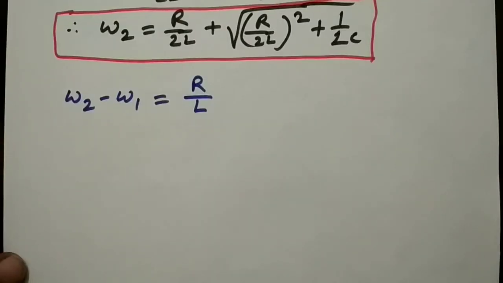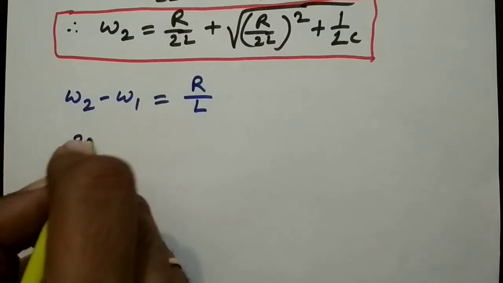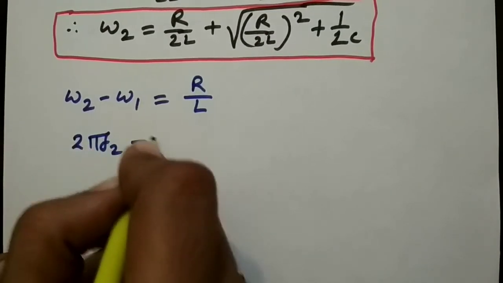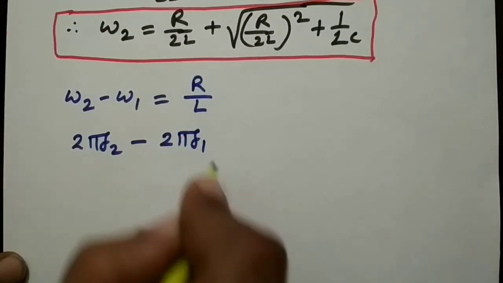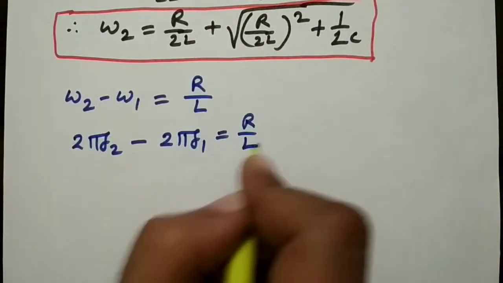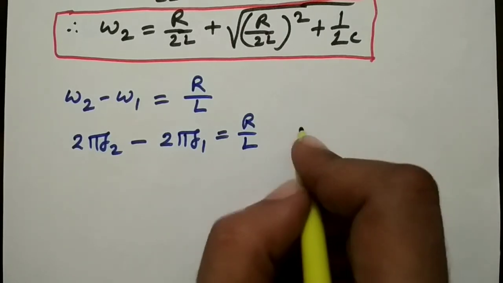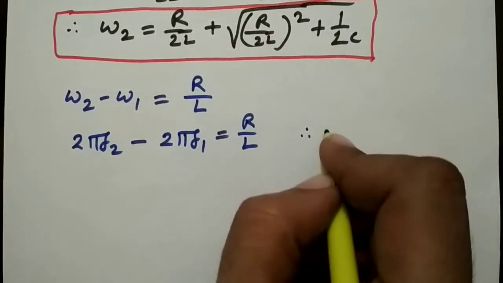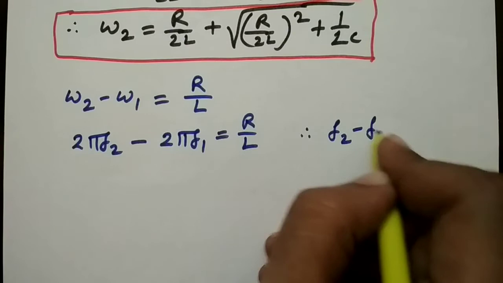And the value of omega 2 is 2 pi f2 and omega 1 is 2 pi f1, and that is R by L. So finally we can write f2 minus f1.